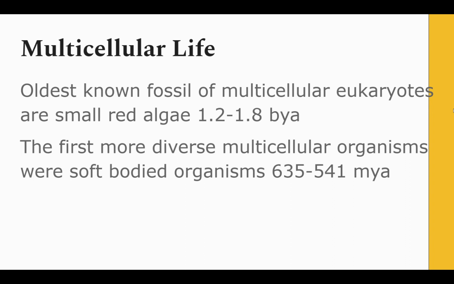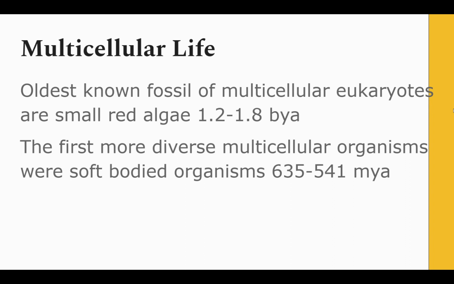So there's a lot of time where the Earth was just small, photosynthetic, multicellular eukaryotes. That was part of the oxygenation of the atmosphere, right? The more algae we have, the more photosynthesis that happens.